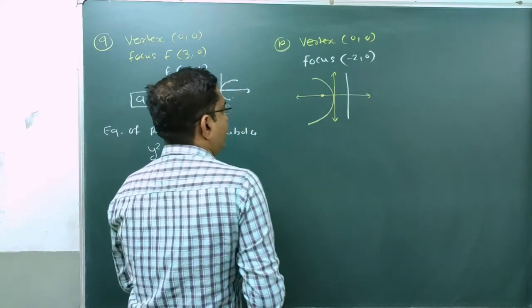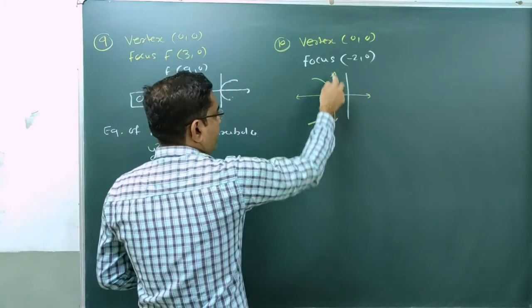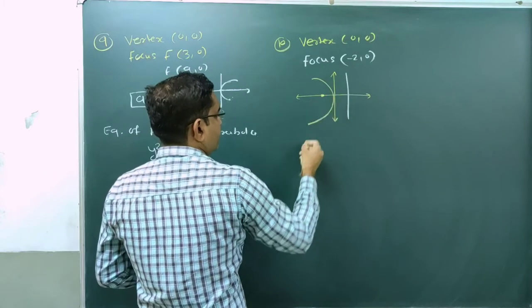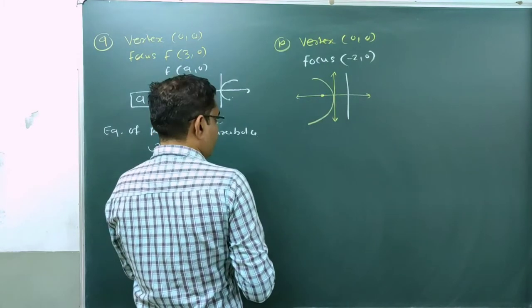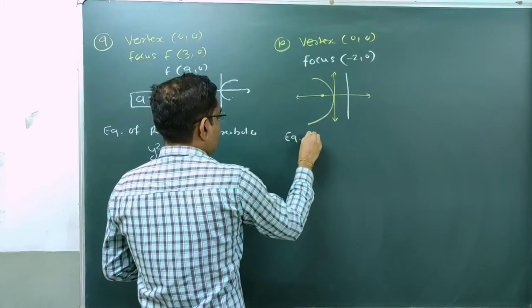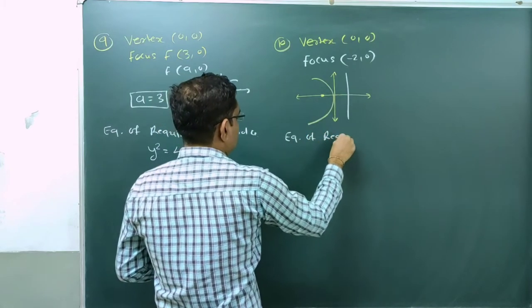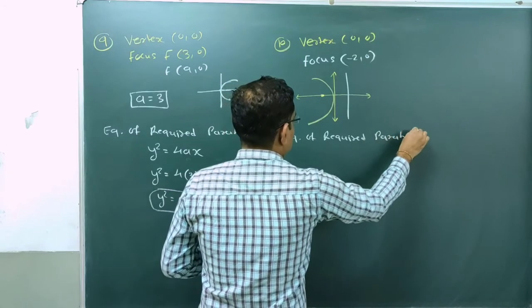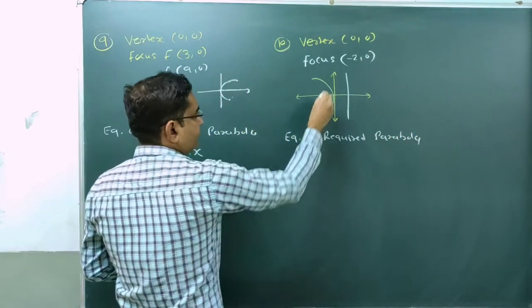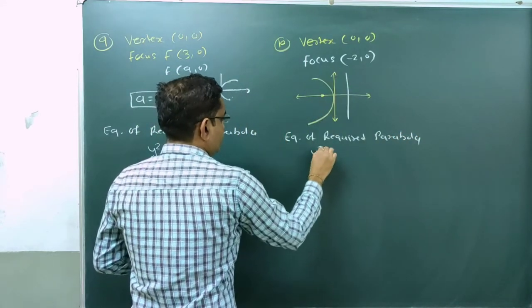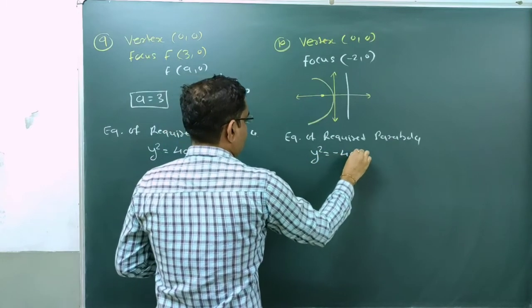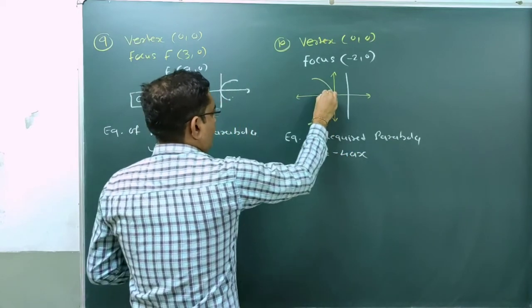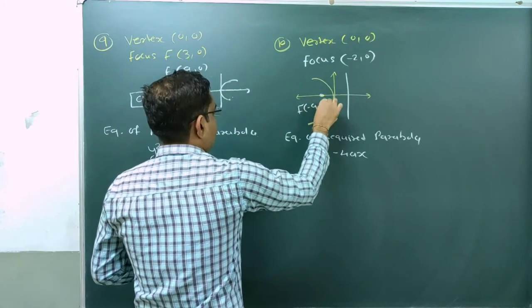So leftward parabola की हमारे पास इक्वेशन है, x is negative. So here we can write equation of required parabola. Equation of required parabola, y square equal to minus 4ax, and coordinates of this focus will be (-a, 0).